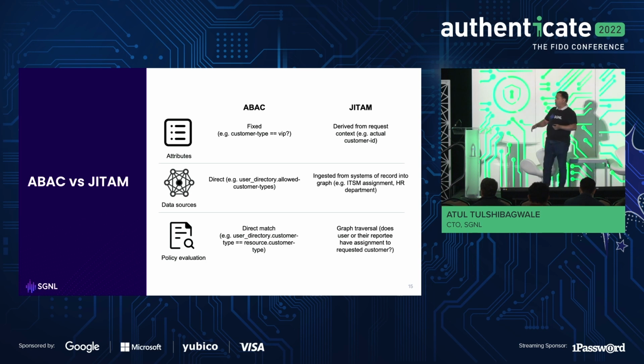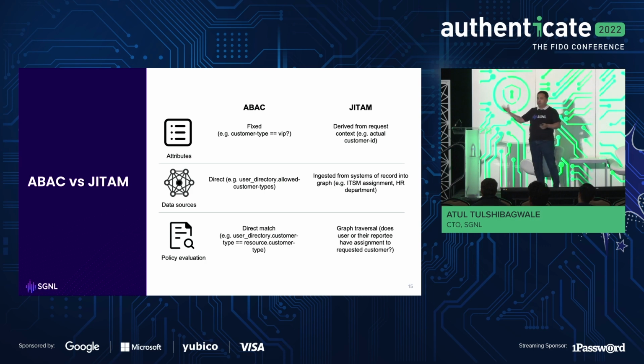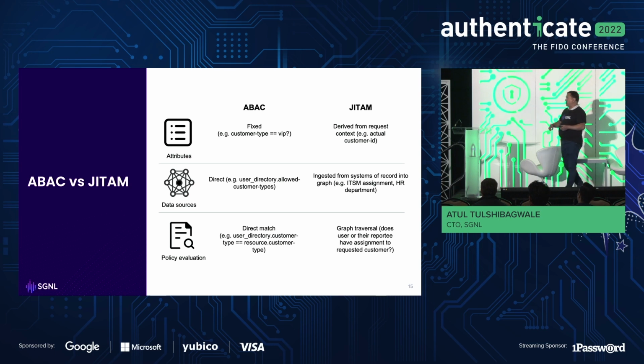And then because ABAC relies directly on going to the systems of truth or systems of record, it becomes a little more complicated and restricted to implement, because things like Zanzibar take time to get populated, and so you cannot have that real-time nature. As a result, the graph becomes much faster because it's ingested from the sources of truth and it can answer queries really quickly.